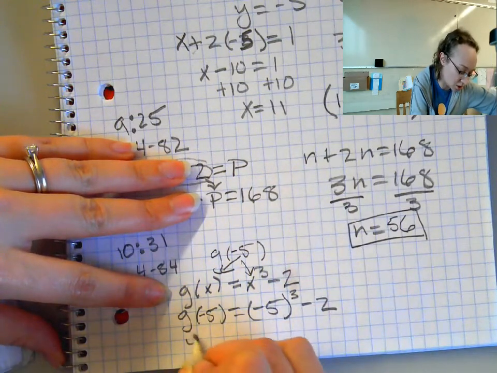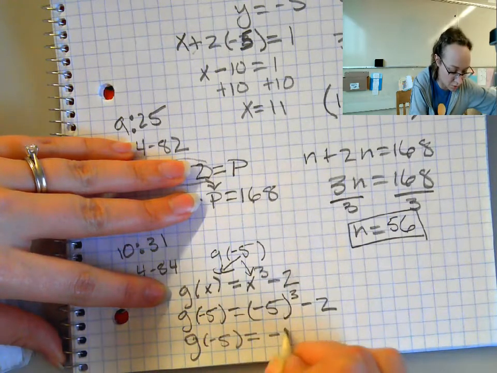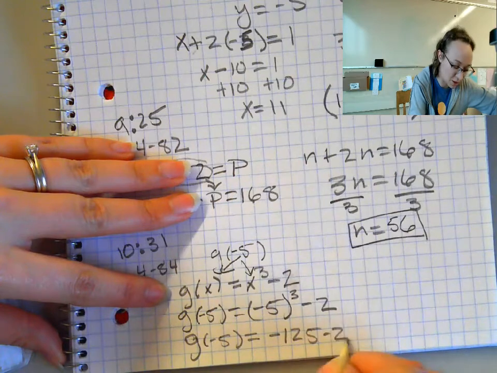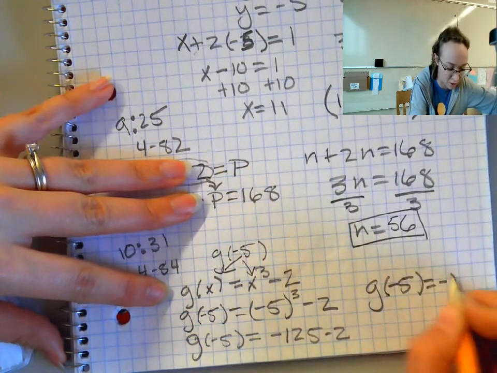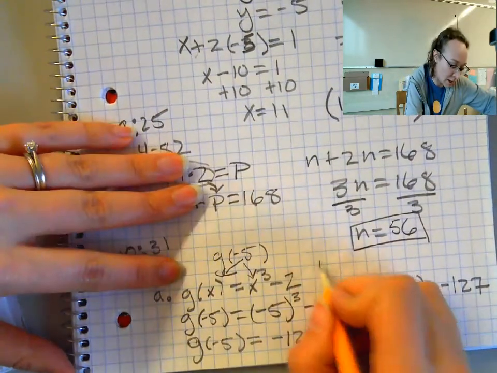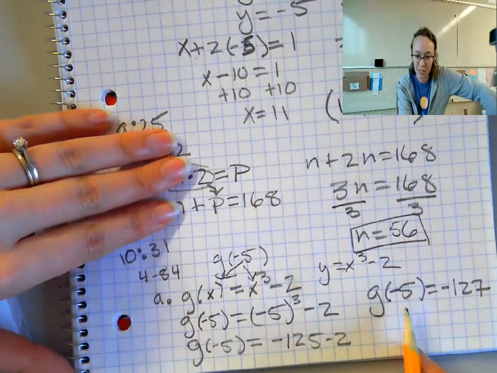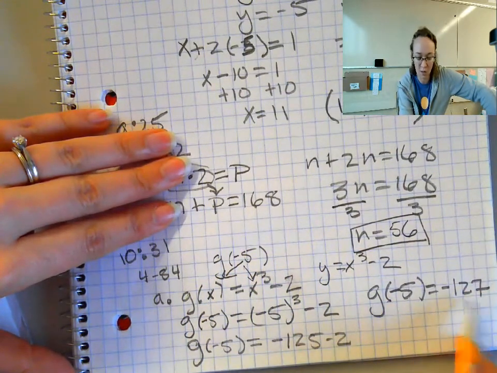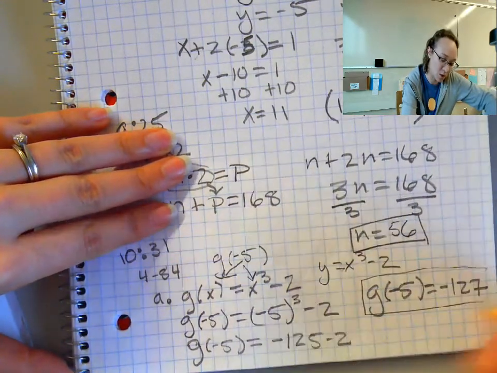So g of -5 equals -125 minus 2. So g of -5 equals -127. This is the same thing as saying that in the rule y equals x cubed minus 2, when x equals -5, y equals -127. This was like chapter 1 stuff. Long time ago now.